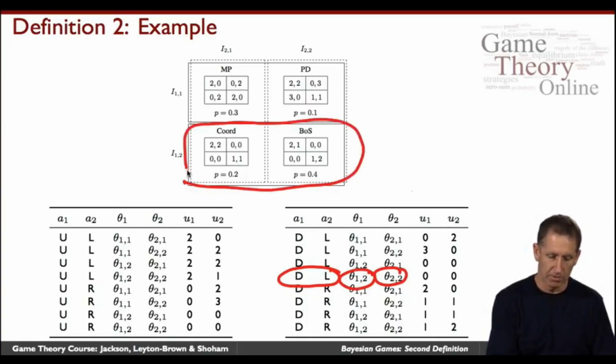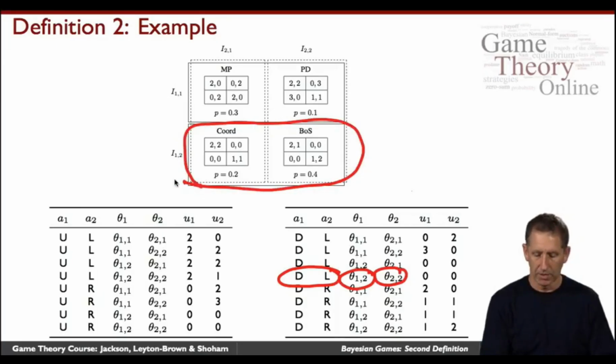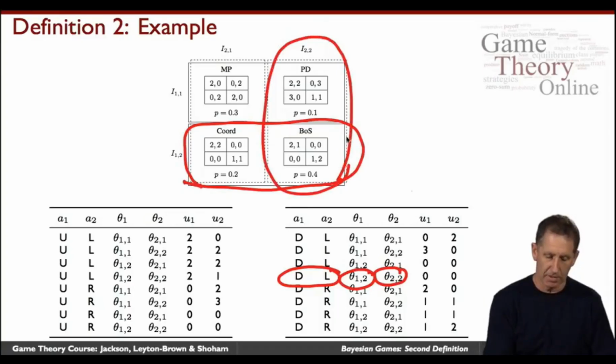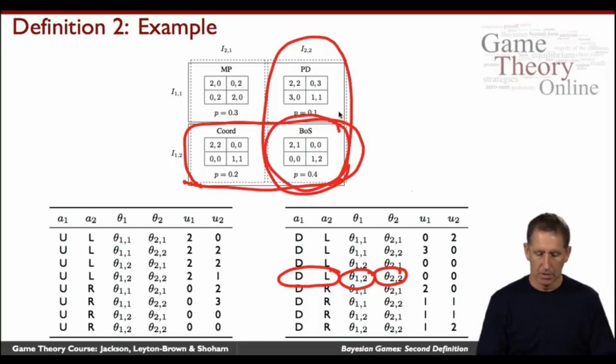This is the information available to the first agent. The second agent has this information available to her, which means that this right here is the game being played. And what is DL? DL means that we're playing down and left, so it would be this one. And therefore the payoffs will be correspondingly 0 and 0.